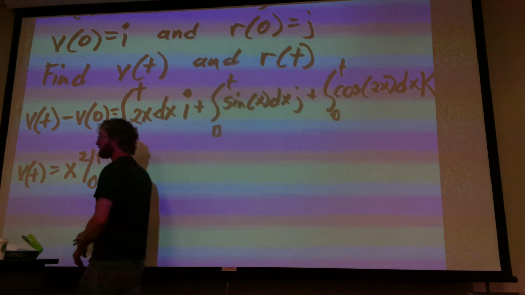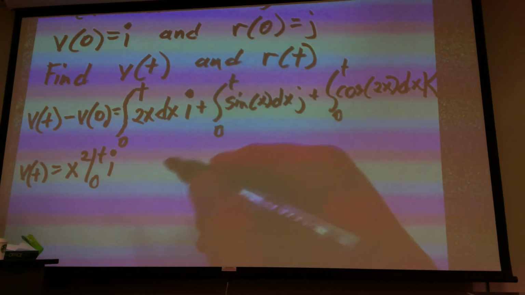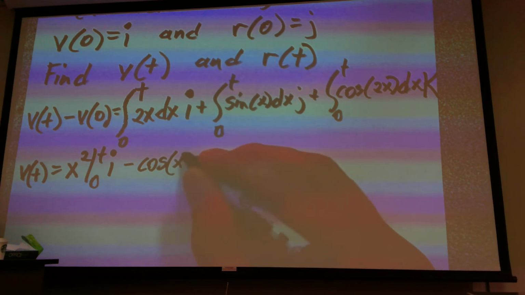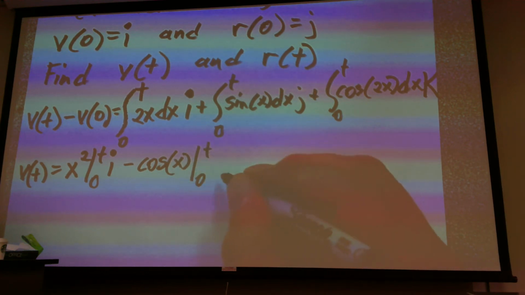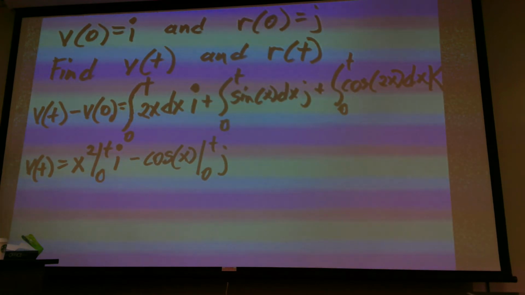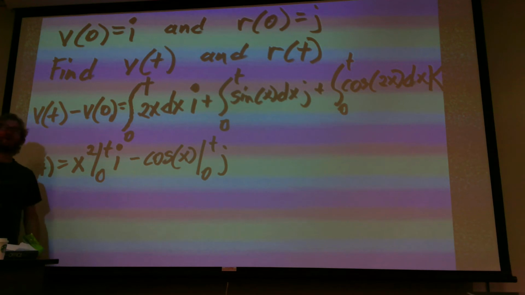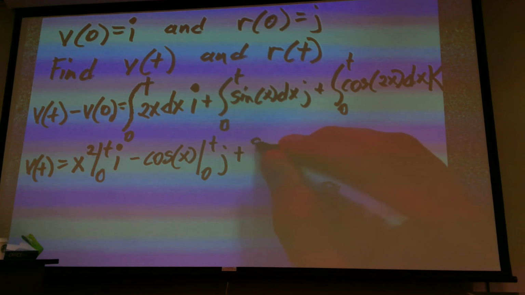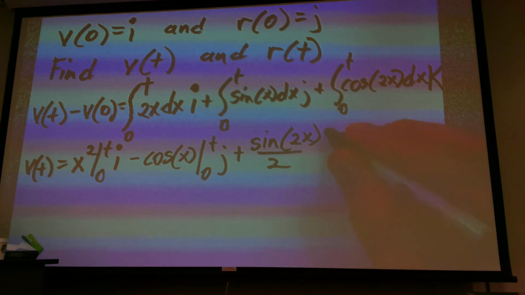So that becomes negative cosine of x, evaluated at 0 and at t, multiplied by j. Now when I integrate cosine of 2x, that's not going to change signs. But since I'm integrating cosine of 2x, to compensate for the chain rule I'm going to have to divide by 2. So that becomes plus sine of 2x divided by 2. We've got to be very careful with the notation on this one, k.